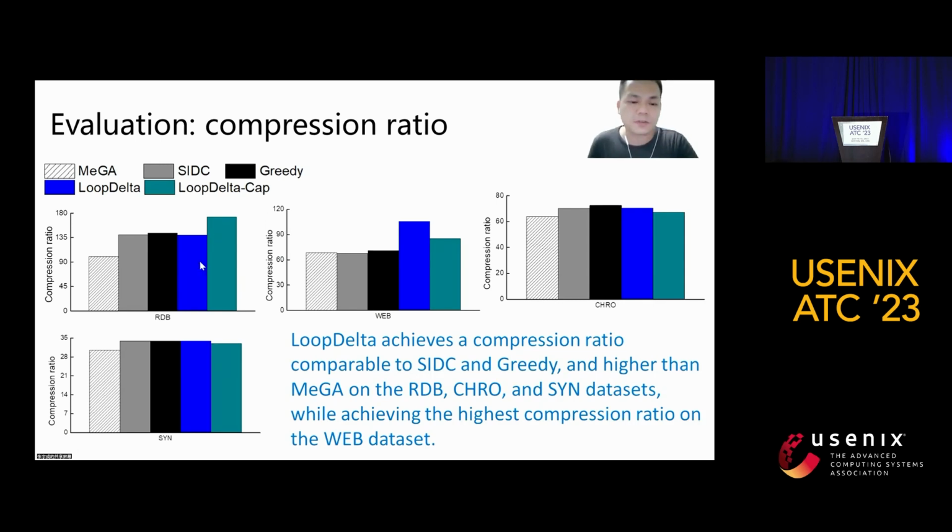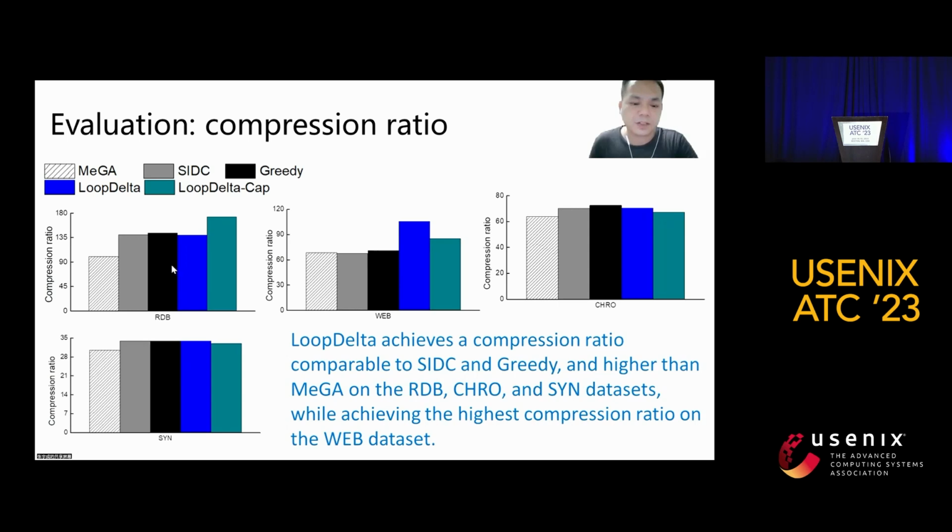The results indicate that LoopDelta achieves a compression ratio comparable to SIDC and Greedy, and higher than MAGA on RDB, CHM, and SYN datasets, while achieving the highest compression ratio on the web dataset. This is because this dataset contains substantial self-referenced similar chunks.